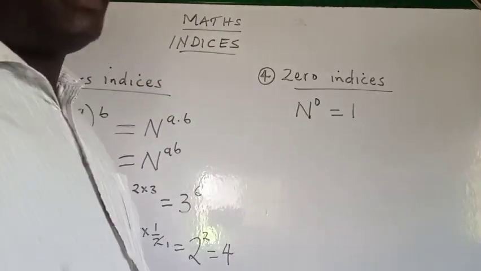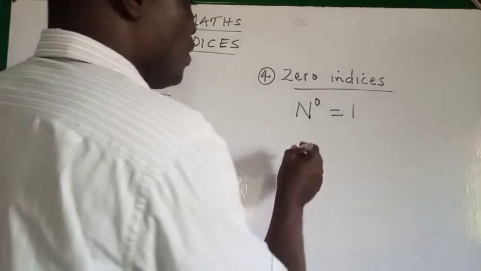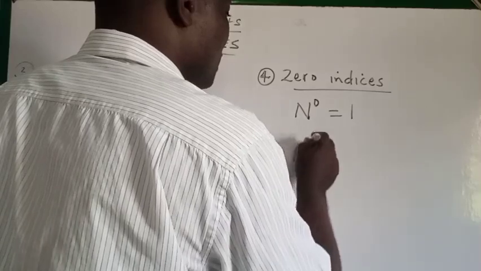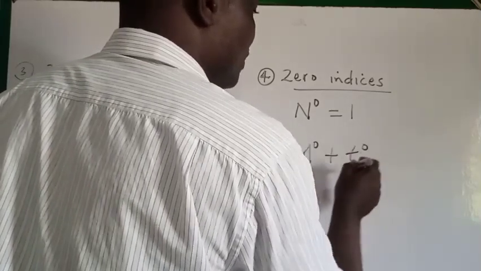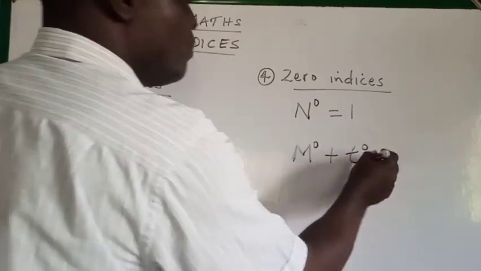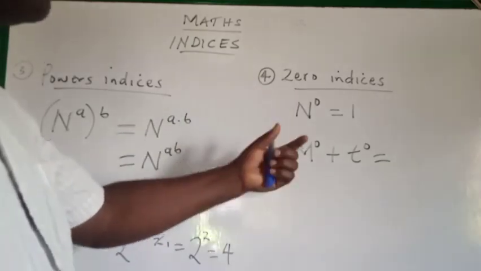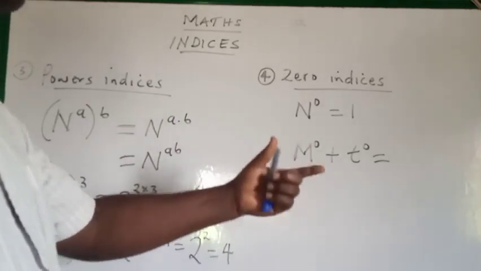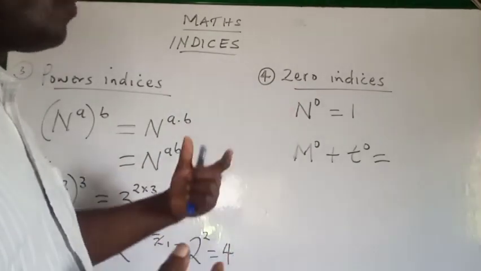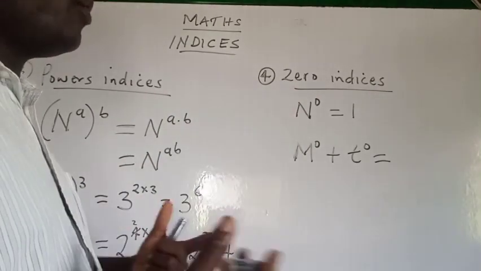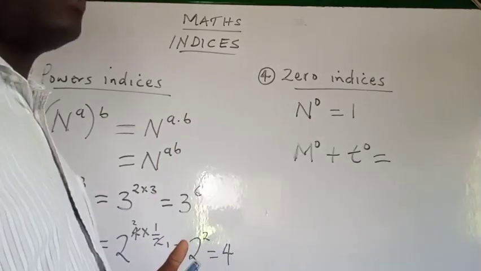Let us consider the last example on this. If you have m raised to power 0 plus t raised to power 0, what would be the value of this expression? From what we have discussed so far, anything that is raised to the power of 0 is equal to 1.